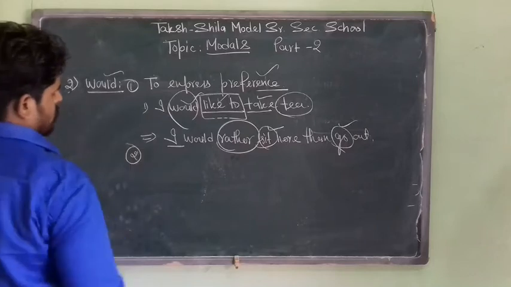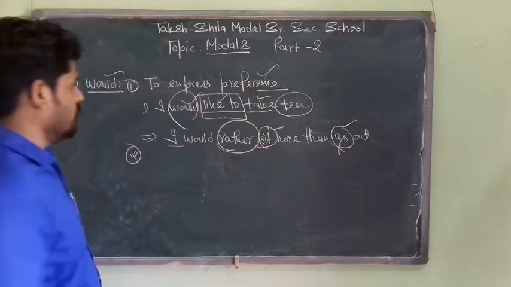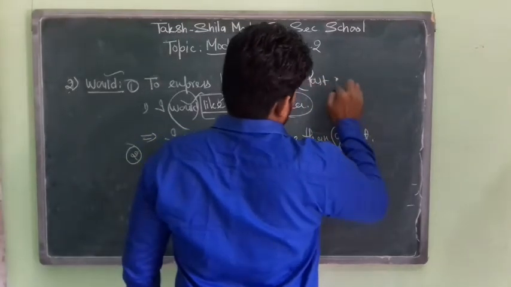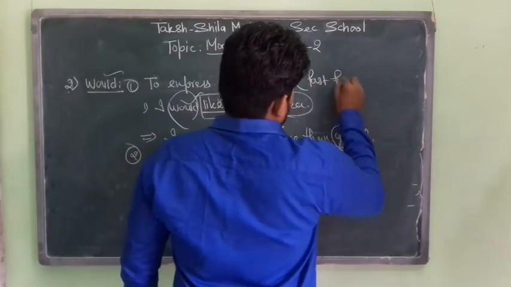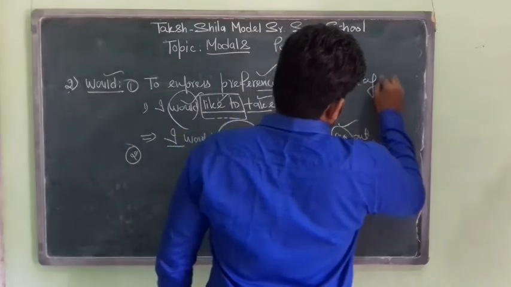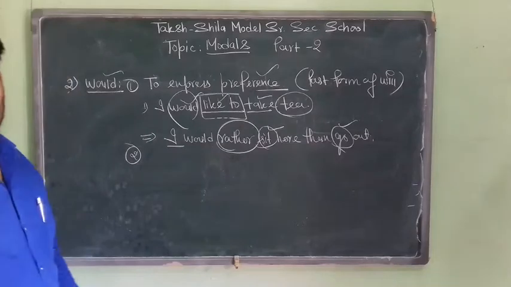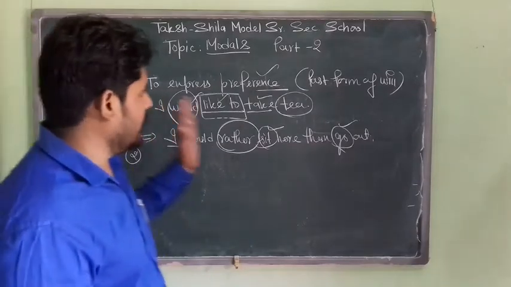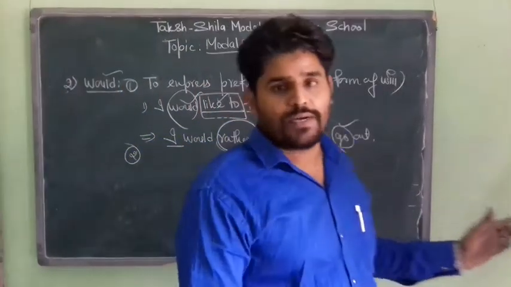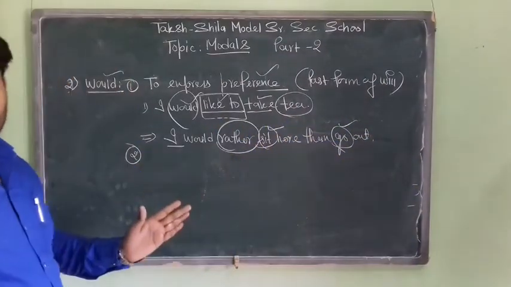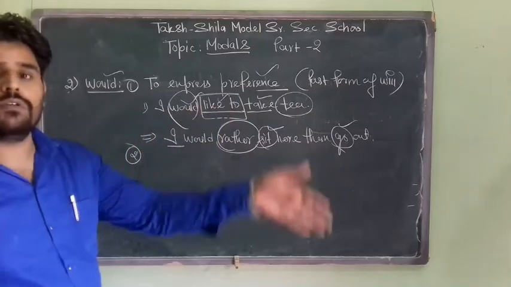The second use of would is, again, would is the past form of will. So it is also used in a sentence where the principal verb is in past tense, and the second sentence shows a situation in which the speaker is talking about future tense.